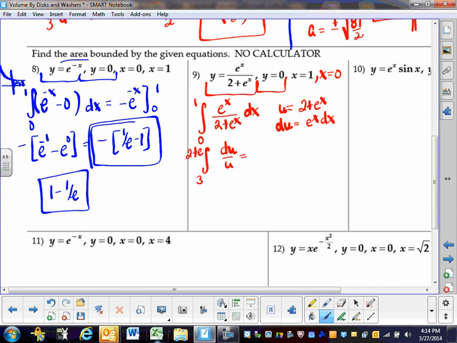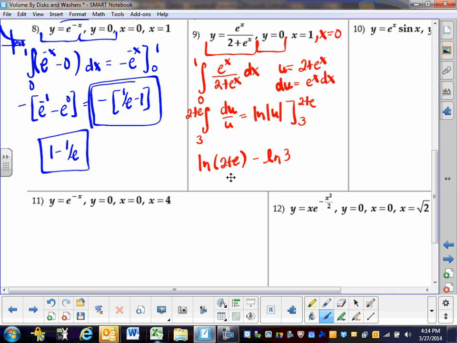So this answer derives to be natural log absolute value of u from 3 to 2 plus e. So that's the natural log of 2 plus e minus the natural log of 3. I absolutely cannot cancel anything across that plus. What I could do is put these back together as a fraction, because a quotient becomes a difference inside of natural log, so that could work.